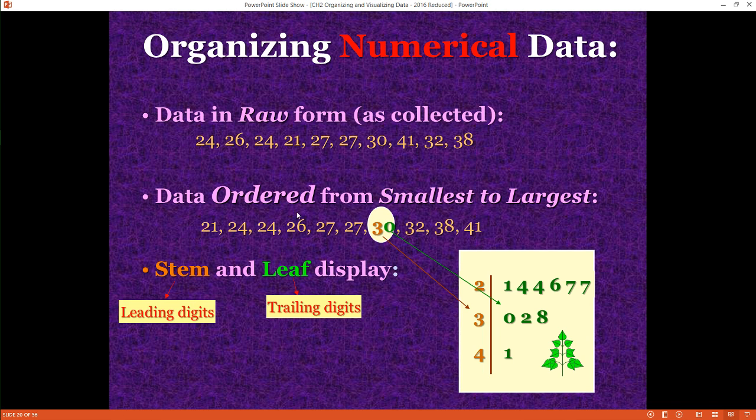So this is just kind of an overview of what we're going to get into pretty quickly here. But just to point it out, and we'll get back to it in more detail, we have a stem, so that's what we have here, and then we have leaves, trailing digits. So if we look at our ordered array, we start with 21. Well, that's what it says here, 21, 24, 24, right?